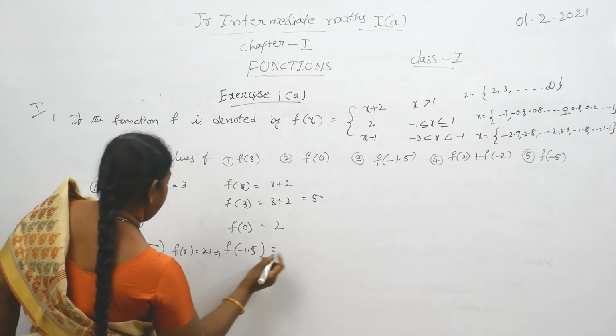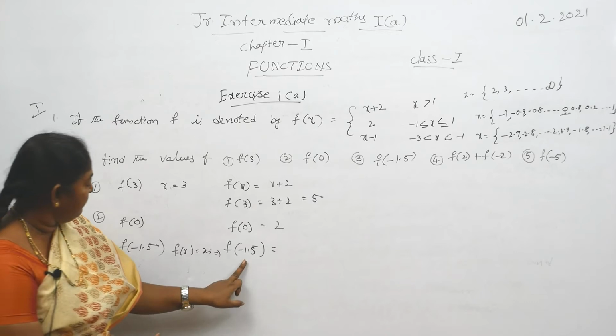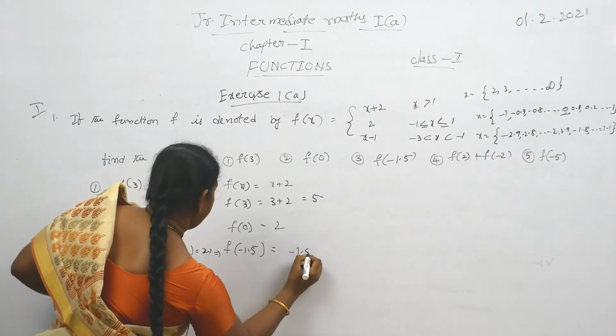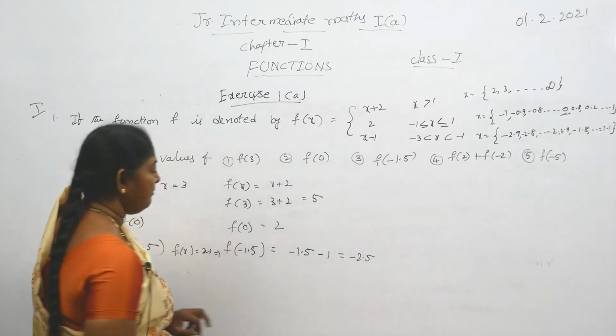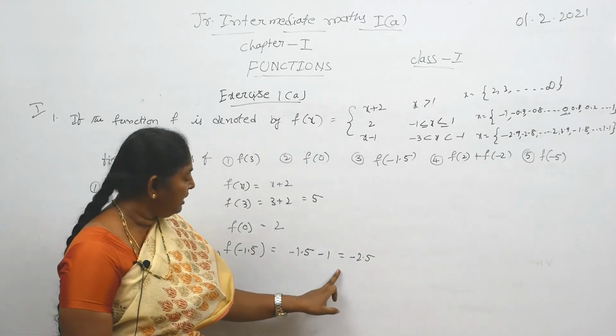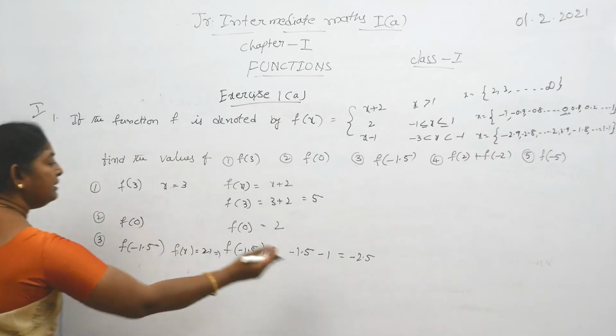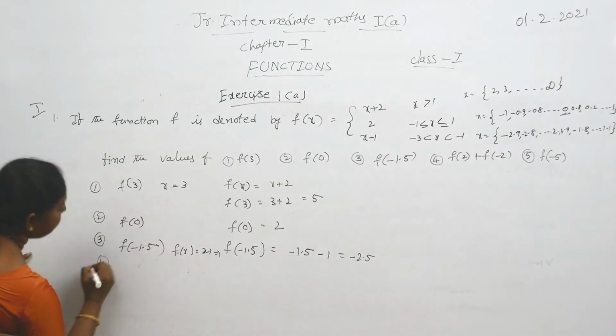So f of minus 1.5 equal to minus 1.5 minus 1 equal to minus 2.5. Both are minus, so we have to add and take the negative symbol.